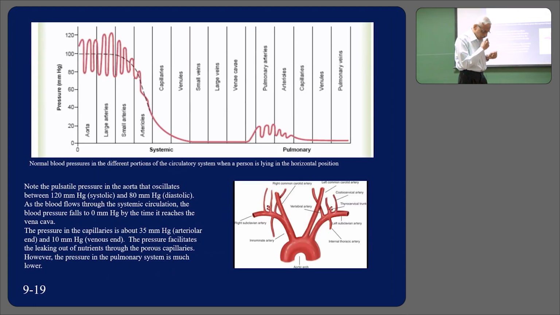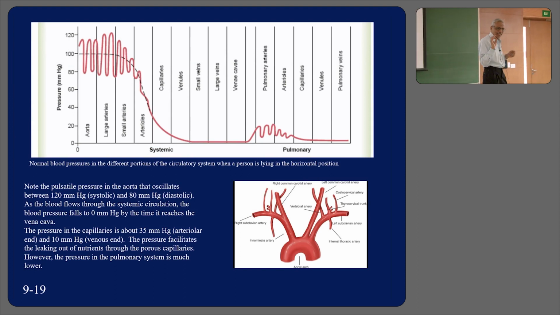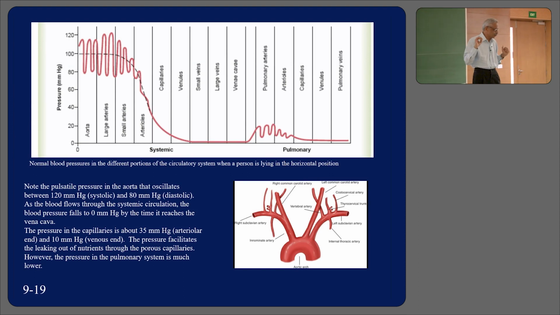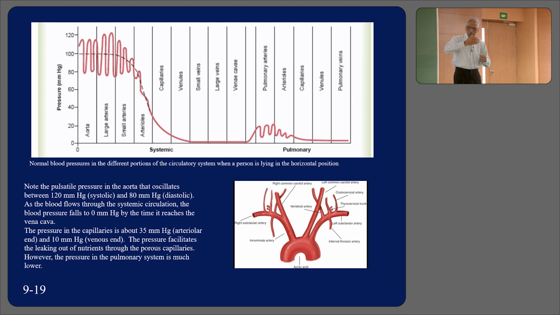You remember we did a very interesting experiment where we had an imaginary tiny transducer and put it in the left ventricle. Magically it gives me the pressure on my oscilloscope, and as long as it is in the left ventricle, with every beat it goes from 0 to 120.